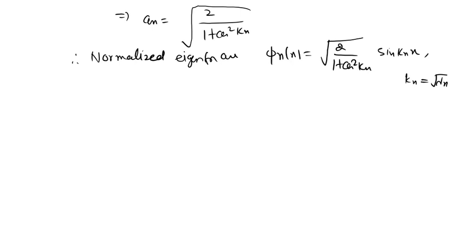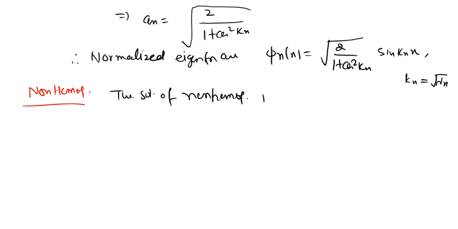So now we come to the non-homogeneous problem. Now we solve the main problem, the non-homogeneous one. So how do we proceed? The solution of the non-homogeneous problem is given by y equal to a linear combination of those normalized eigenfunctions.